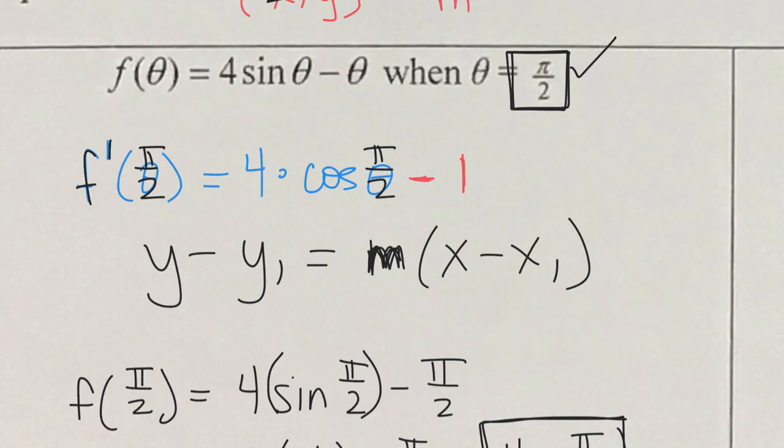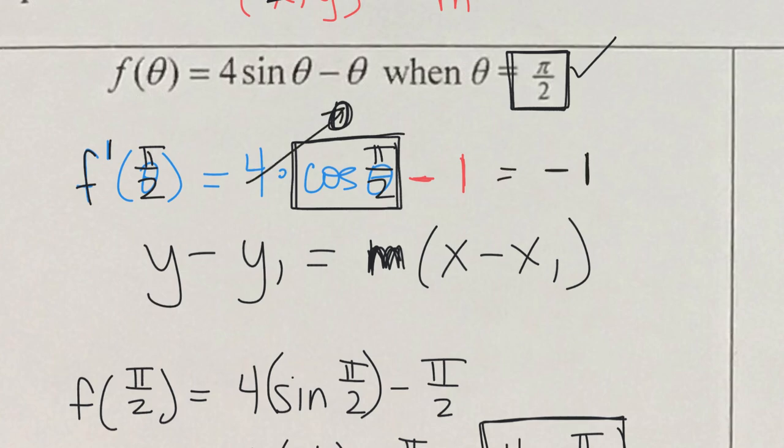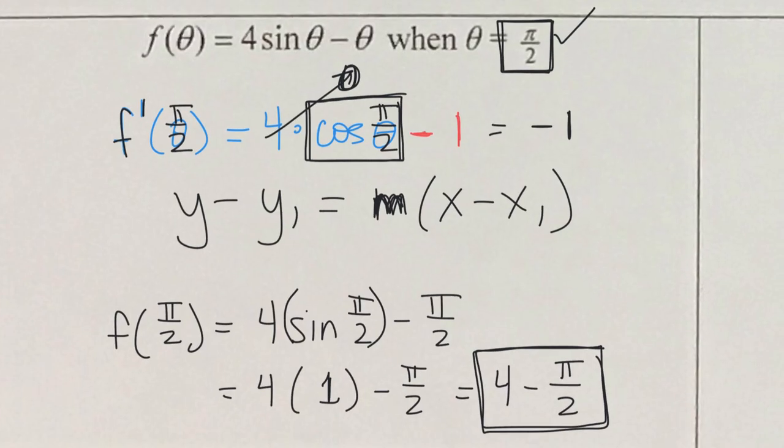If you want to find the slope, we use the derivative formula. So the cosine at pi over 2, what's the x value at 90 degrees? Well, if the sine is 1, that means the cosine has to be 0. So 4 times 0 is 0, means our slope is negative 1.